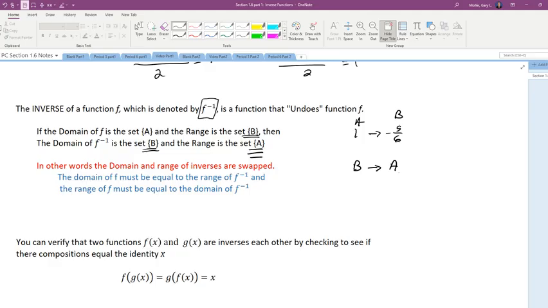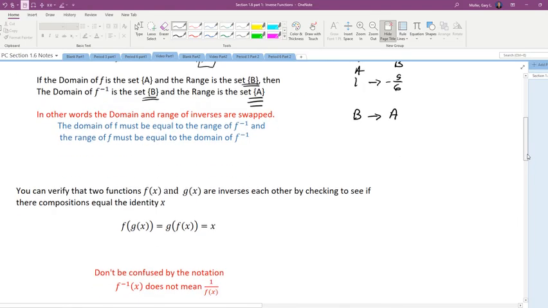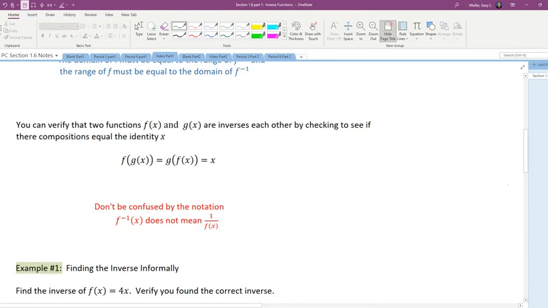You can verify that two functions are inverses of each other by doing compositions. So if f of g of x and g of f of x equal x, then we know that they are inverses. Let's look at that using our little function machine example from the last section on compositions. So if this is function f of x, and I plug in x values, y values will come out.